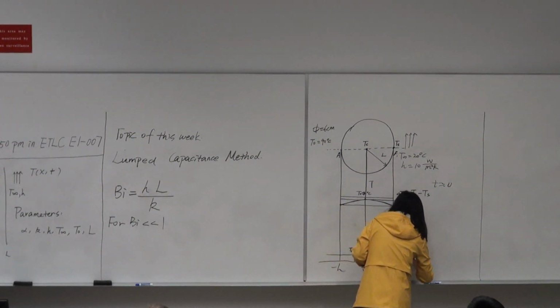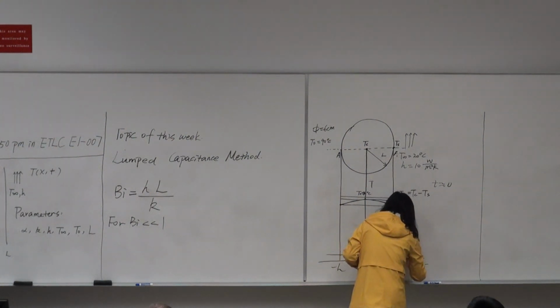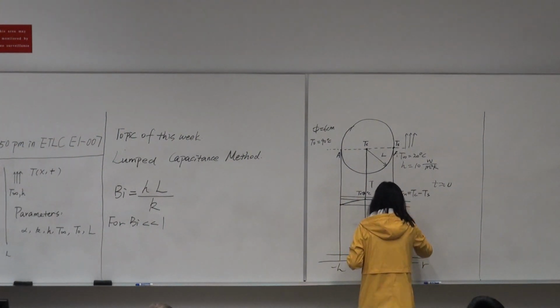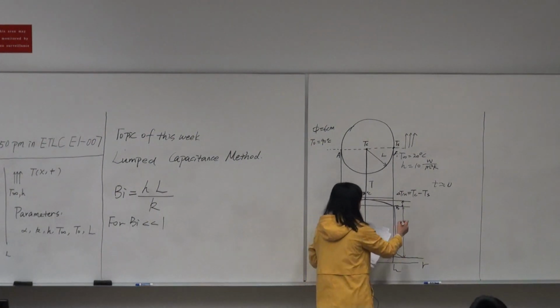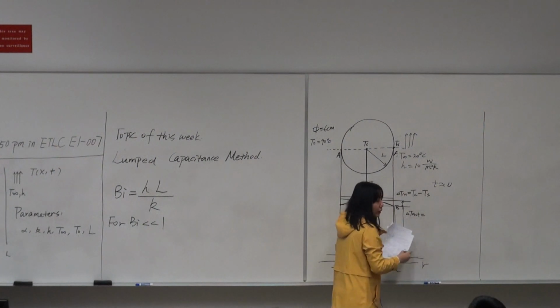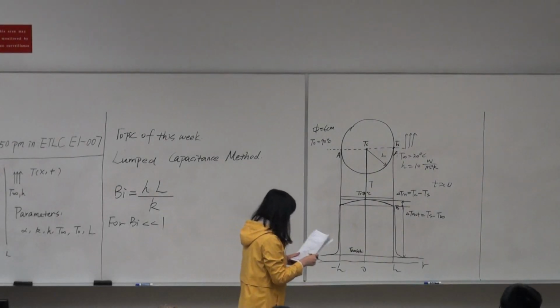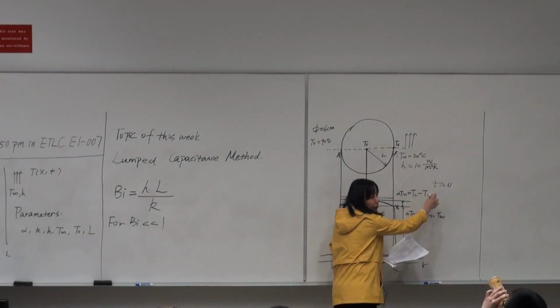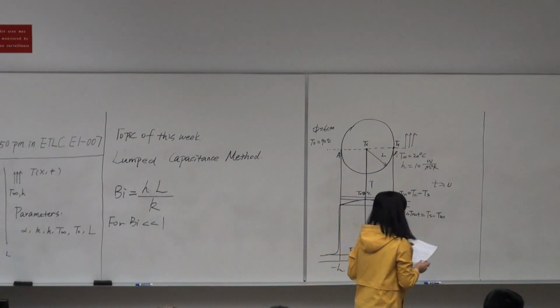Similarly, for the temperature difference between the surface temperature and the fluid temperature, we termed it delta T out. We calculated that for just the initial stage of the cooling.